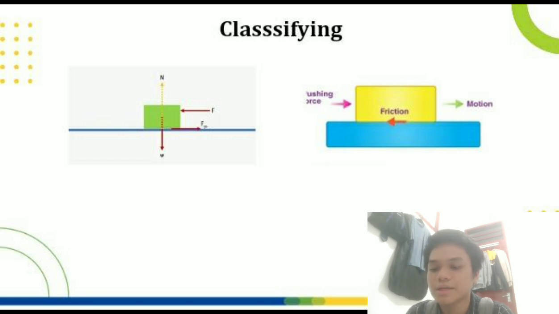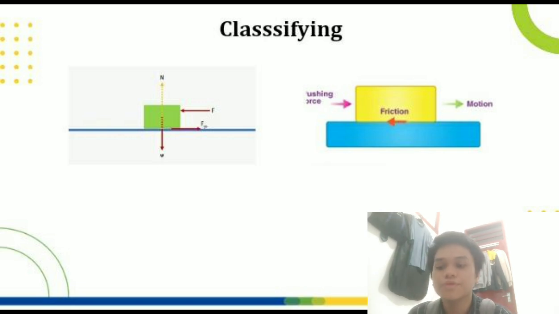Friction is a force that works due to the touch of two surfaces of an object. This force works in the opposite direction to the direction of motion of the object. Friction can occur due to contact between the surface of an object and the pad.